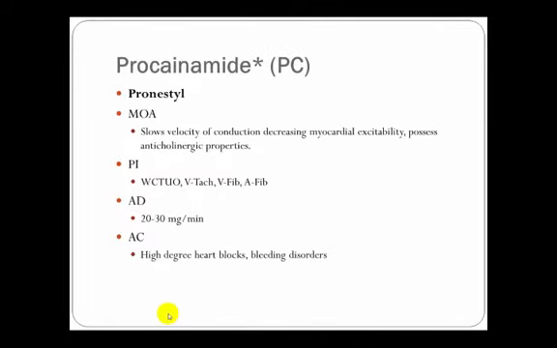Procainamide, or Pronestyl, also a primary care drug. This actually holds a Vaughan Williams classification of class 1. It has the ability to decrease conduction velocity and has some anticholinergic properties, which means it obliterates parasympathetic tone.